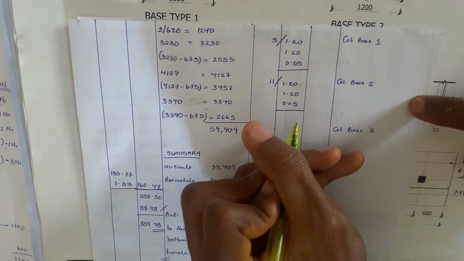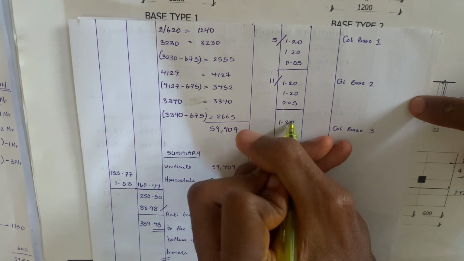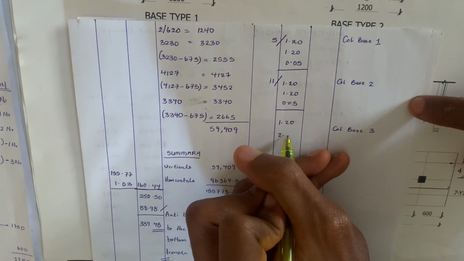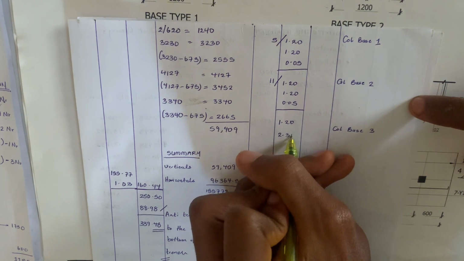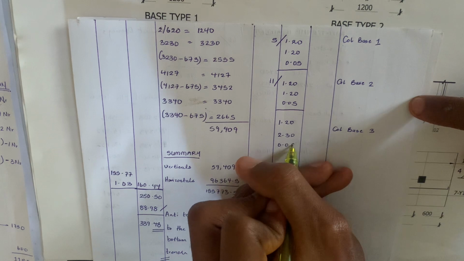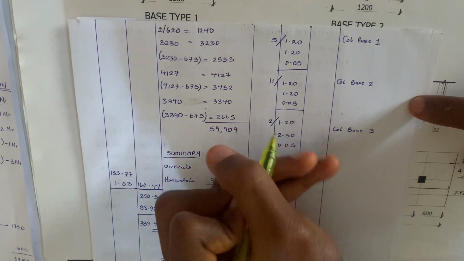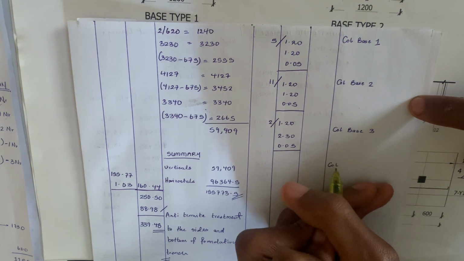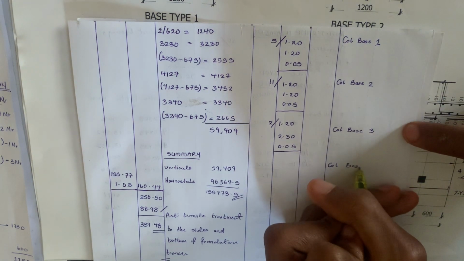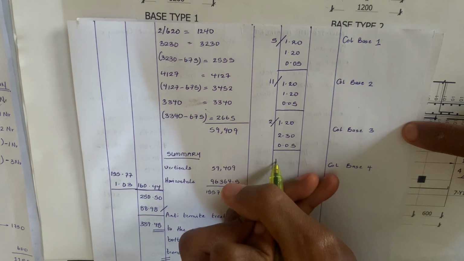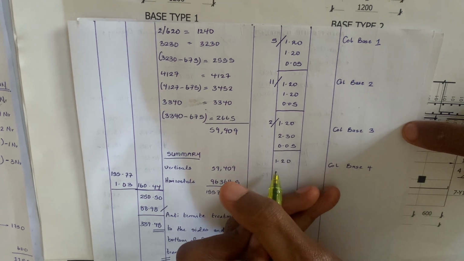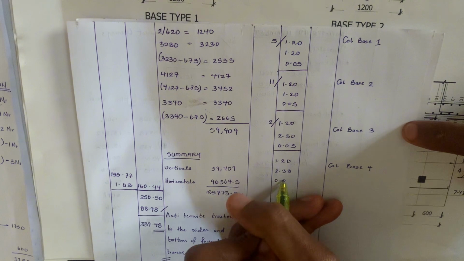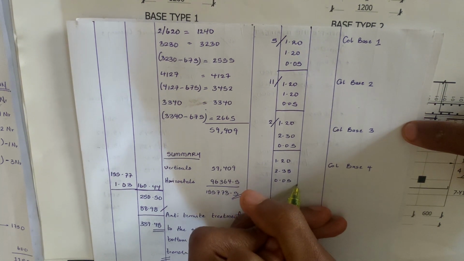For column base 3, we'll do the same thing. 1.20 by 2.296, that's 2.30, by 0.05 and they are 2 in number. So you close. And for column base 4, 1.20 by 2.38 by 0.05 and there are how many? 1 in number.